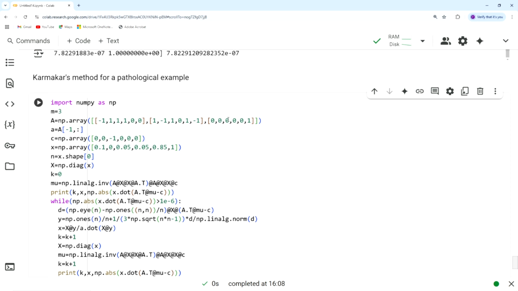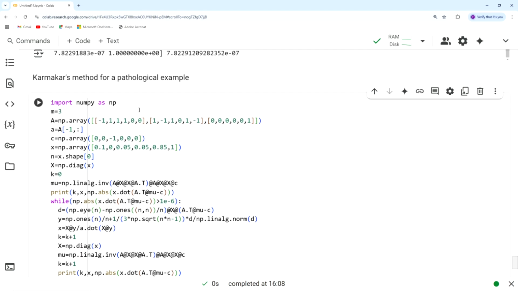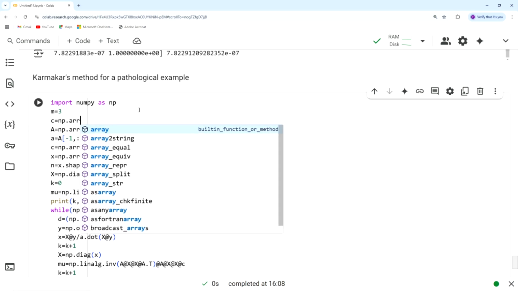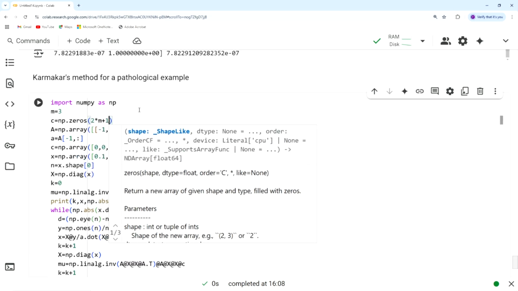Okay. Now, I am going to rewrite a, c and x. Everything else is going to be the same. I mean the rest of the code is going to be the same. So, let us write it for a general value of m, right. So, let us initialize c to be an array of zeros, right. So, I can write it as np zeros of 2m plus 1, right.